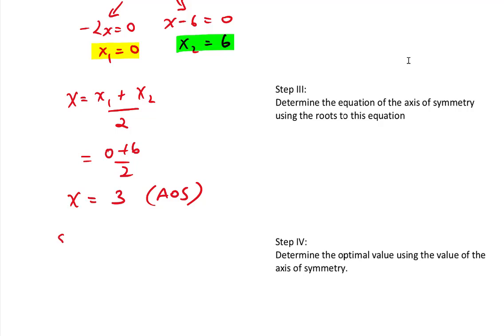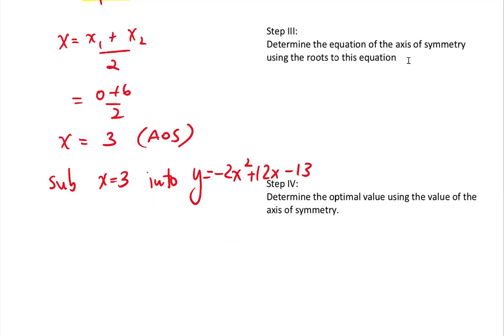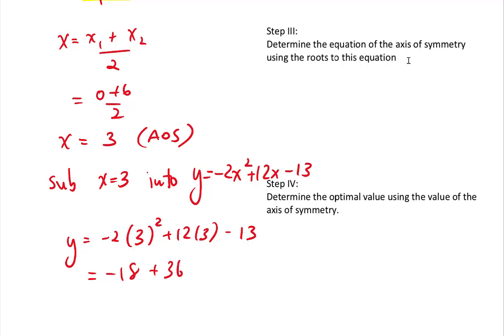So we're going to sub x equals 3 into our equation y = -2x² + 12x - 13. And what we get is y = -2(3²) + 12(3) - 13. And using order of operations, we get -18 + 36 - 13. And if we simplify that, we get 5 for our optimal value.